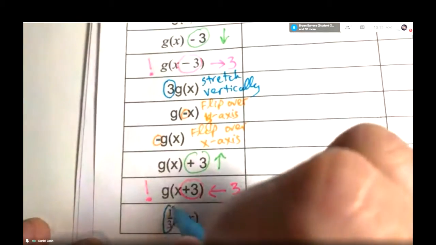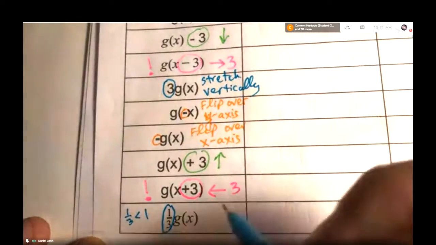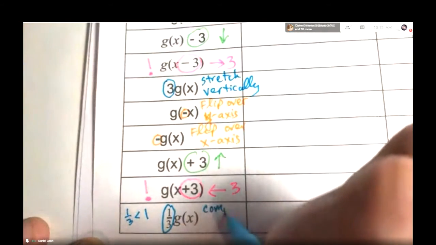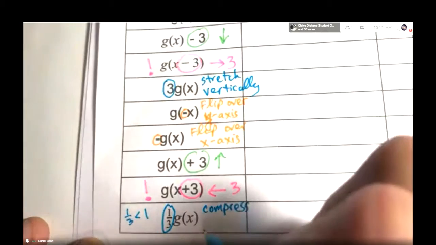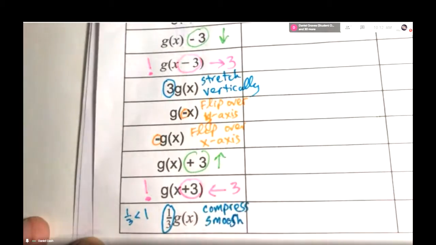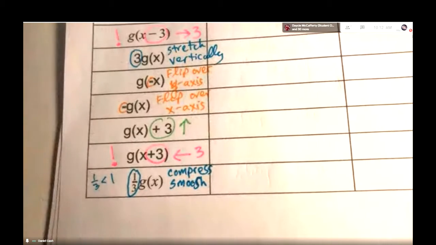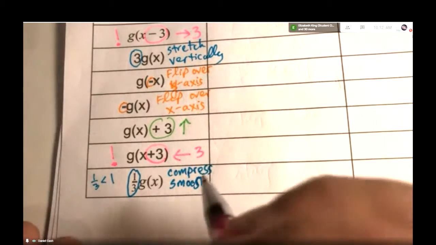If the number is less than 1, like 1/3, what's going to happen is it's going to compress or smush the function, okay? Let me relate this to something more specific like a parabola.